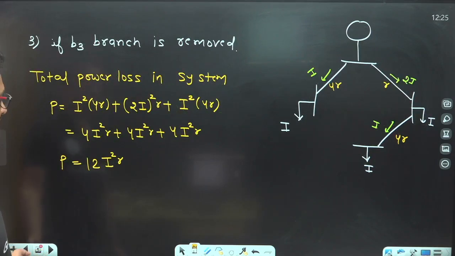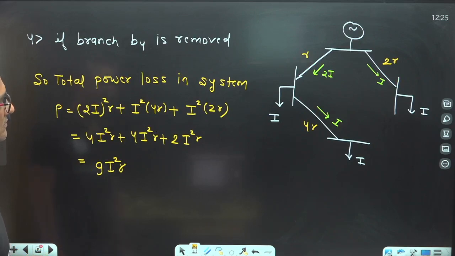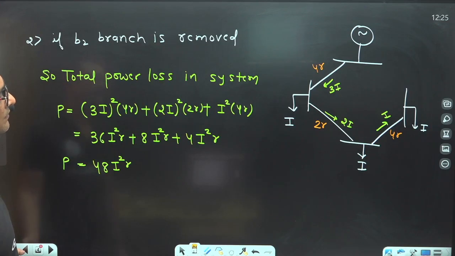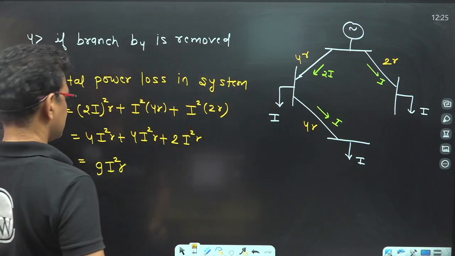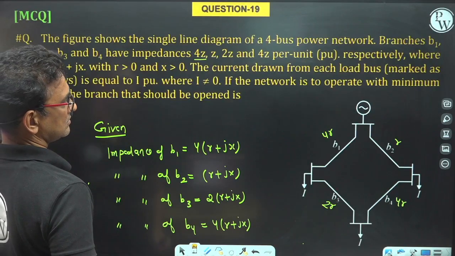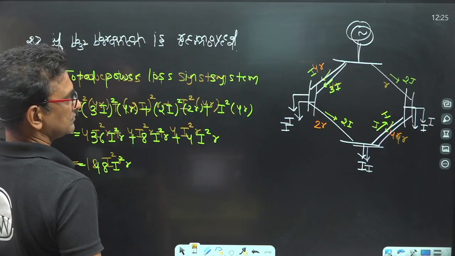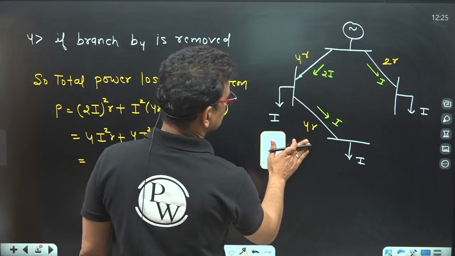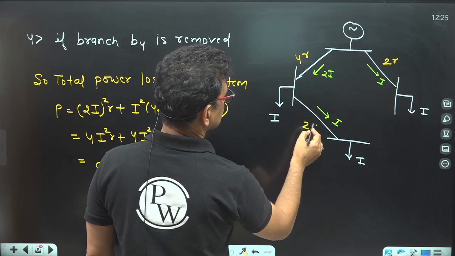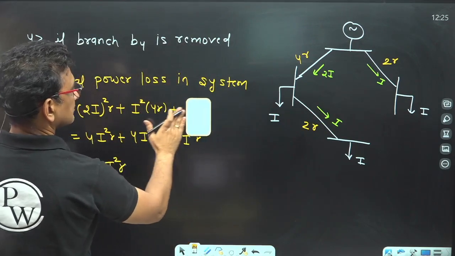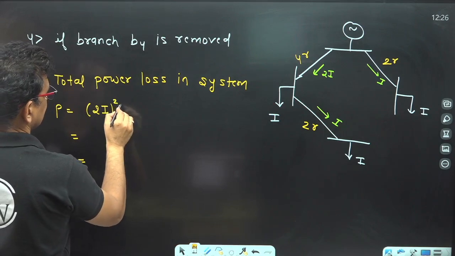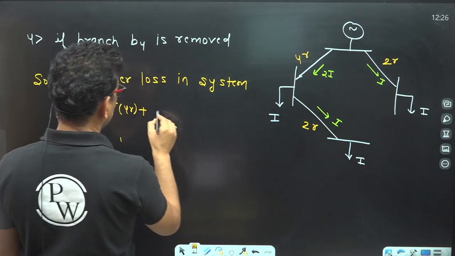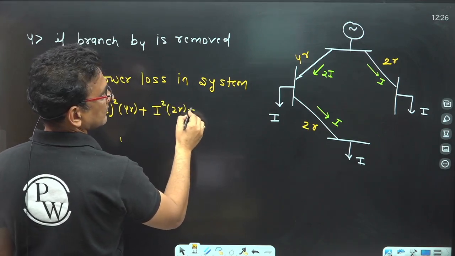Sorry, that was 4R, not R. So this will be 2I square into 4R, plus I square 2R, plus I square 2R.